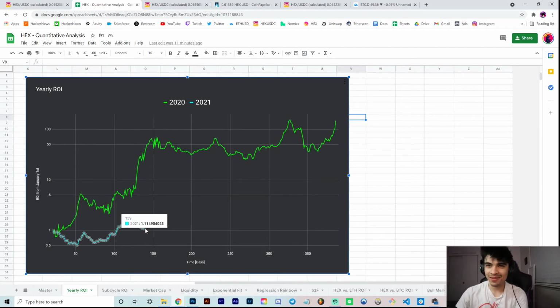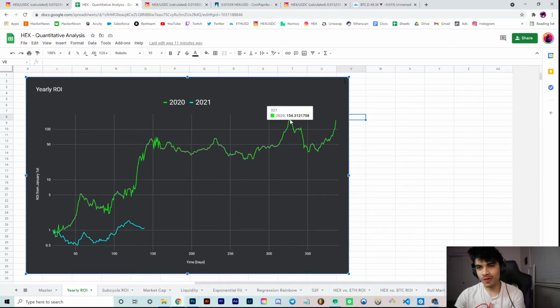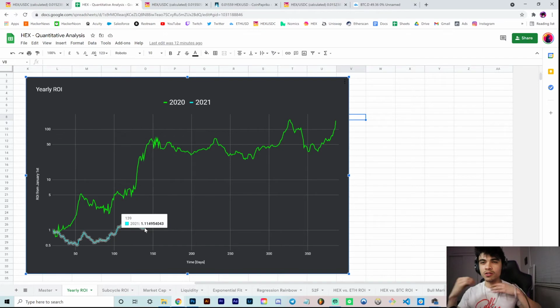At a measly 1.11x from January 1st to today. So even if we do have diminishing returns this year, we did 150x last year, boys. So diminishing returns, even if we just perform half as well, a third as well, a quarter as well as we did last year. A quarter, being very conservative.